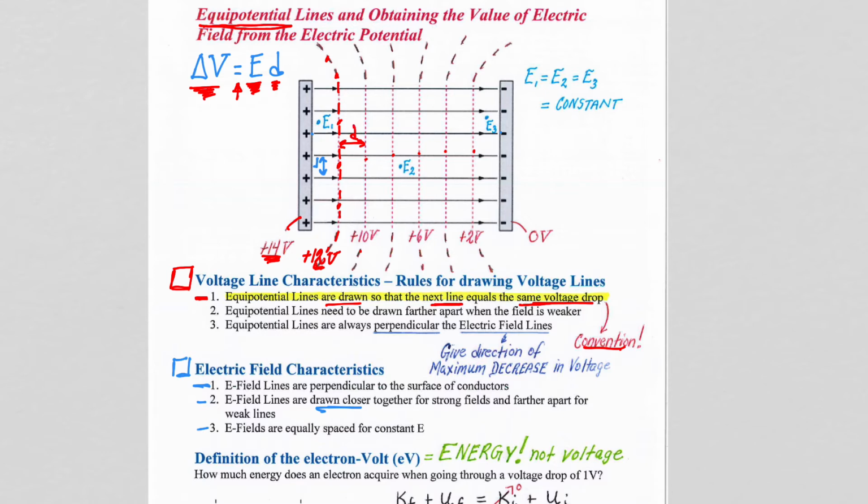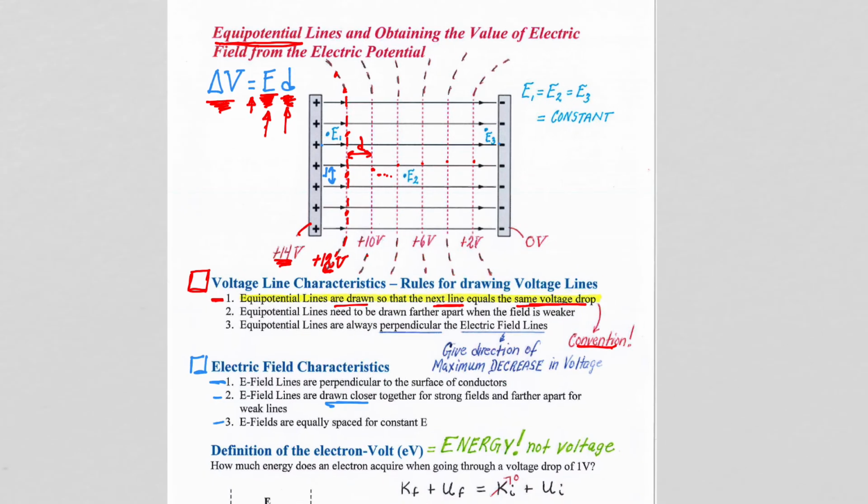between the voltage lines. Now, if the electric field is small, a weak electric field, then the D has to be big. So you'll see these dashed lines get further apart when we have weaker electric fields. And then, of course, if the E value is big, so if it's a large electric field, then the D value will be small. They get closer together.